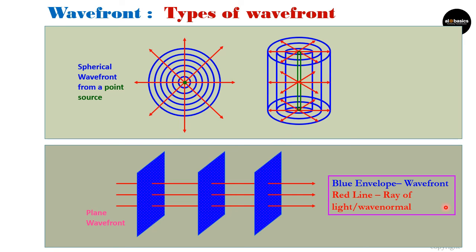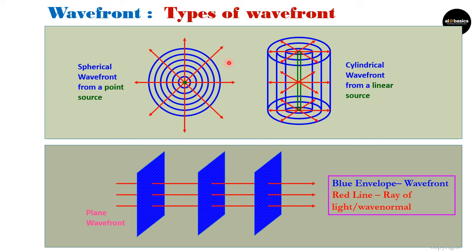Next, cylindrical wavefront. Now here you have a clear idea of how the sizes of cylinders are getting more and more, and that is why I'm showing you this picture. First it was this wavefront, then it has become this, it has become this. In this way you can draw n number of cylindrical wavefronts.